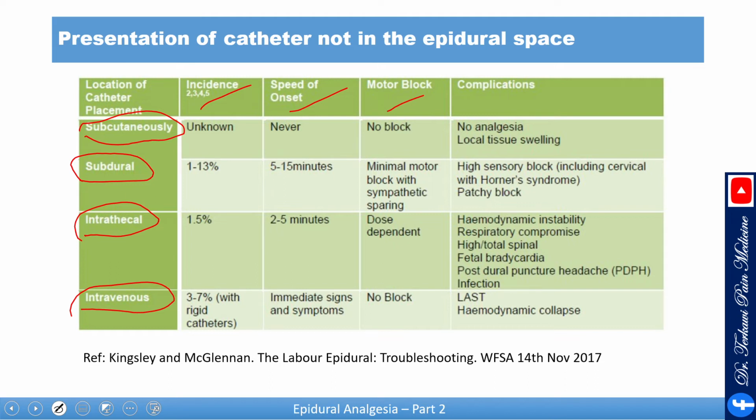Complication, especially if you are subdural, you can have high sensory blockade but minimal motor blockade, no sympathetic blockade, and you can have Horner syndrome and patchy block, and obviously a bunch of problems if you are intrathecal.